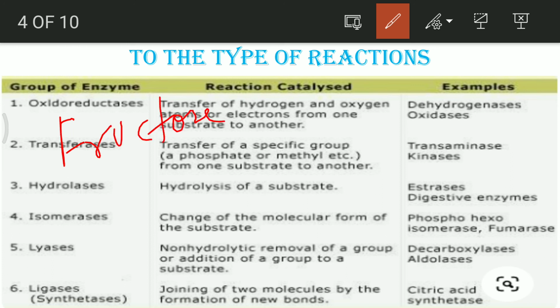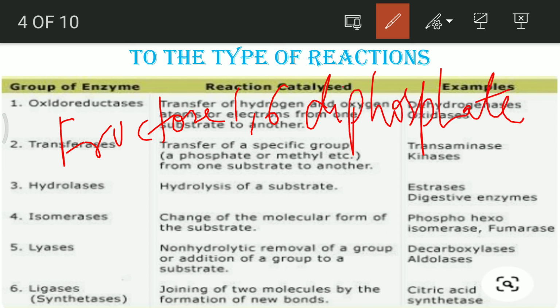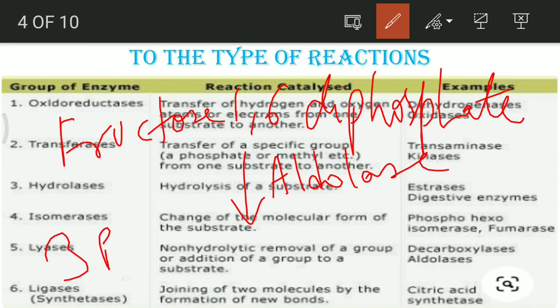Fructose 1,6 diphosphate in presence of aldolase. What does it form? 3-phosphoglyceraldehyde as well as dihydroxyacetone phosphate.